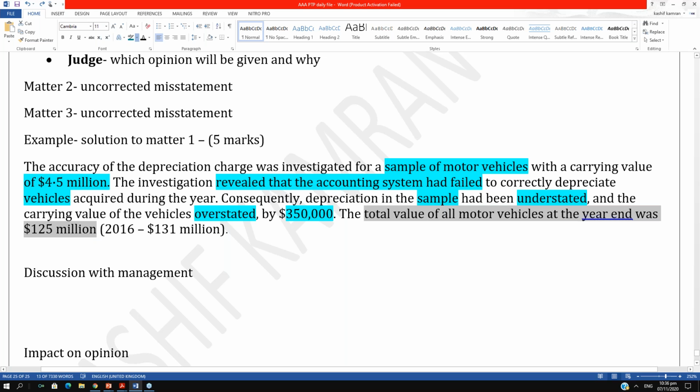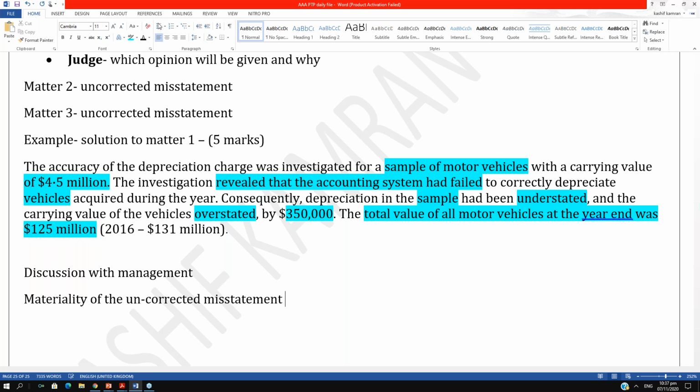Now, we know the auditor works on a sample basis, so you need to be very critical when you're finding the materiality here. When you find the materiality of the uncorrected misstatement, that is, bracket open, how much is the total misstatement in a sample of 4.5 million?